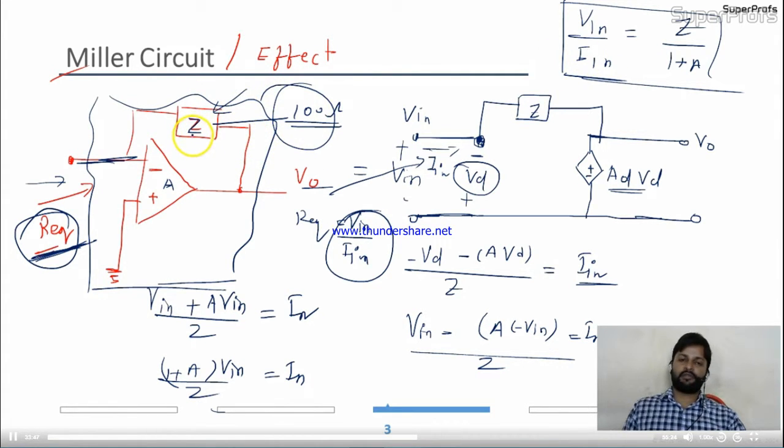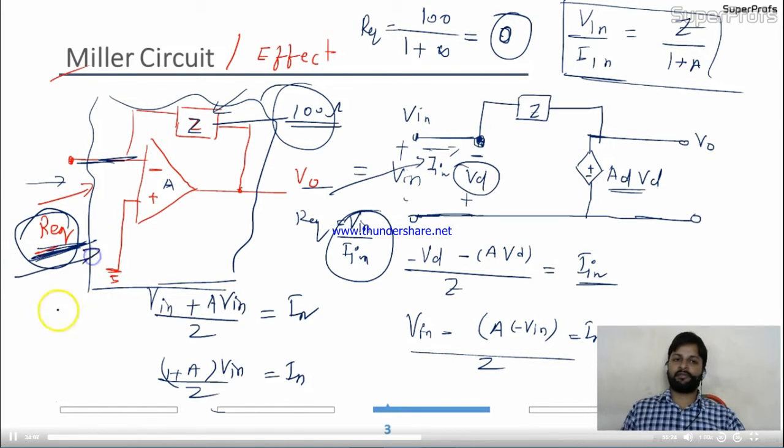If you have chosen 100 ohm, then for this entire circuit the R equivalent is Z by 1 plus A. So 100 divided by 1 plus A, and you know A is very high. A is infinity ideally in the op-amp. So your R equivalent is nothing but 0. R nearly 0 means there will be no drop in the circuit.